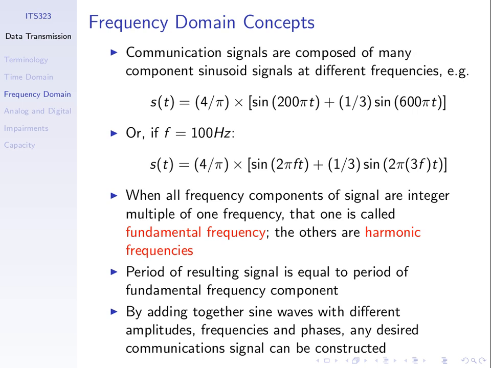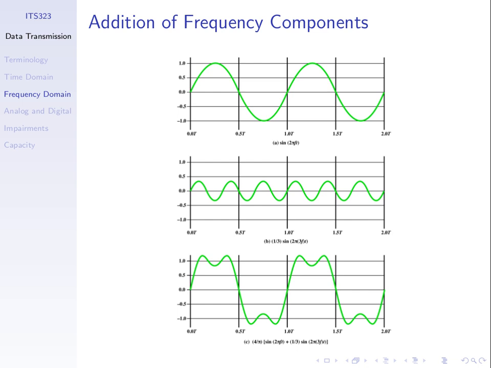The plots do not use a specific value of f, they use sine 2 pi ft, 2 pi 3 ft, so they do not substitute f for some specific value. But the shapes are identical. If you got your computer and plotted this, it would look like the top one. It's just the scale is slightly different. And similarly, if you plotted S of t, you'd get something that looked the same as the bottom one. Just the scale here differs.